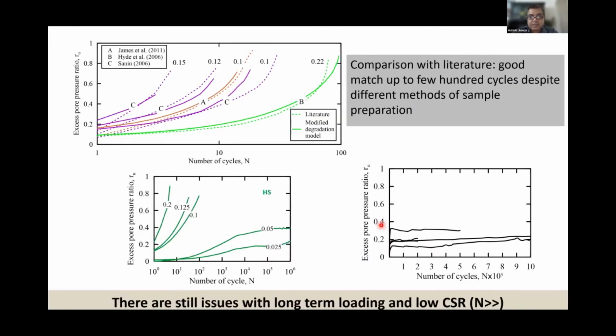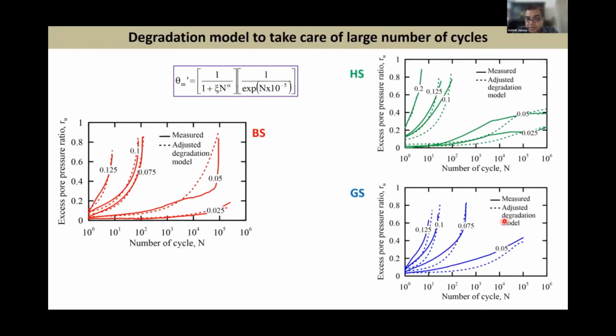So the final one is with the adjustment of the hardening parameter, and we are able to model the response of the soil with only 2 additional unknowns. 2 additional unknowns, and this is the beauty of this simple model.